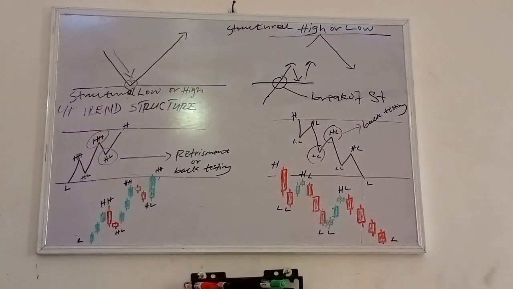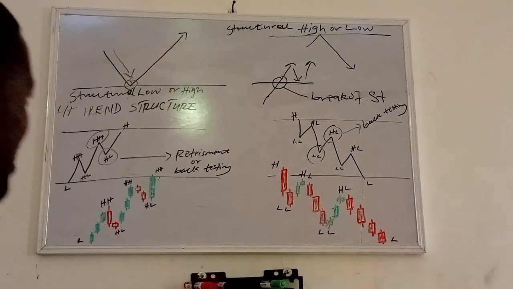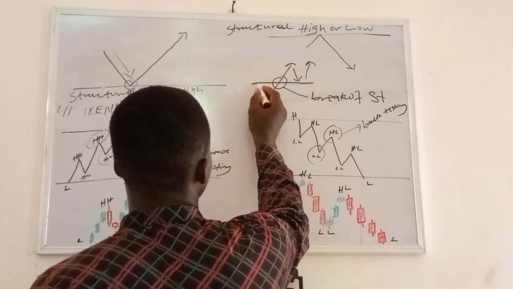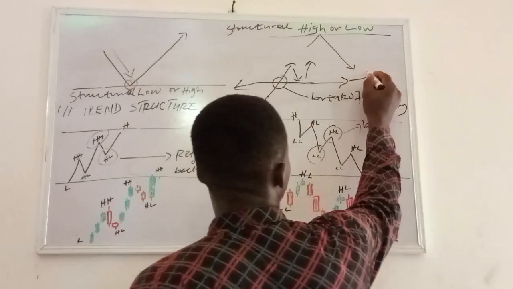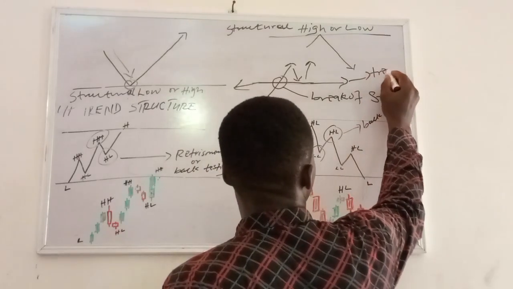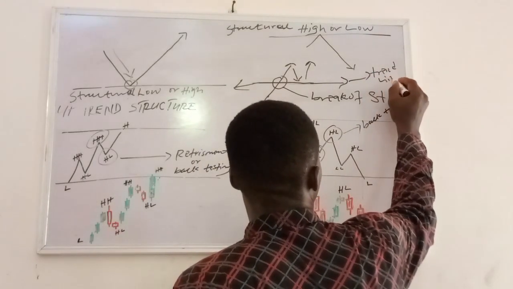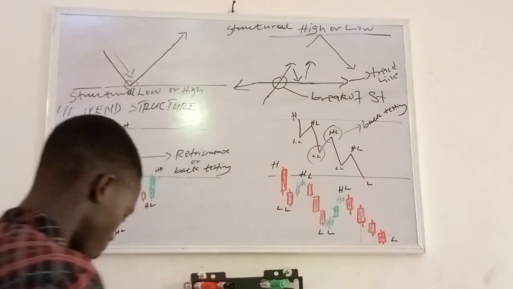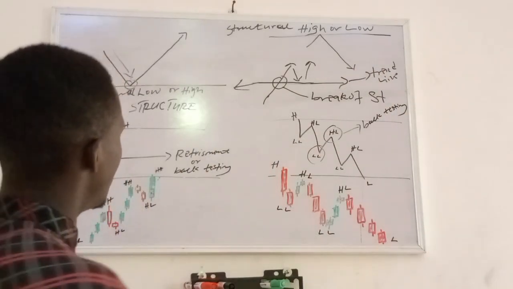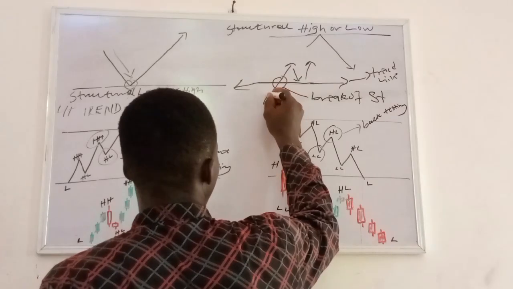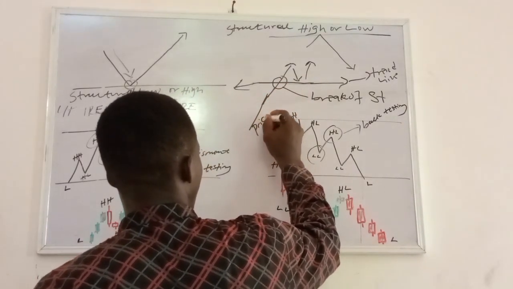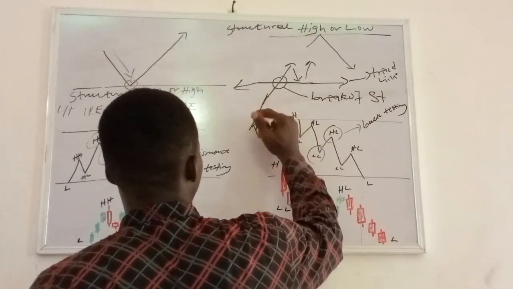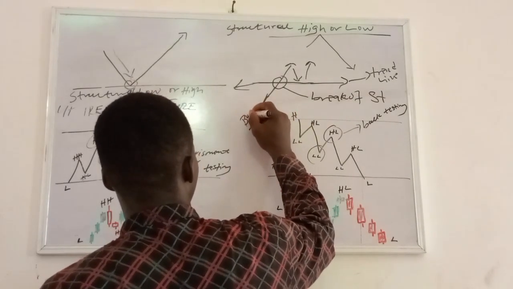Make sure you are following so you can understand. Now this is the trend line here. This is price, and these prices are buyers.